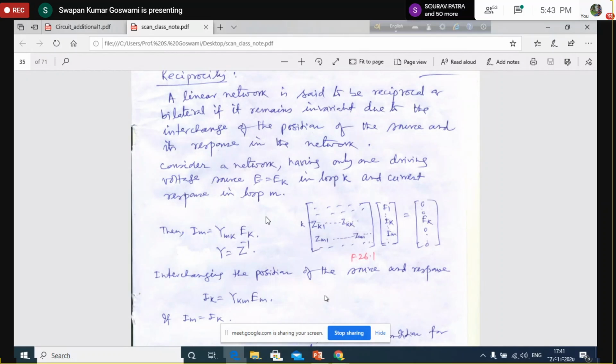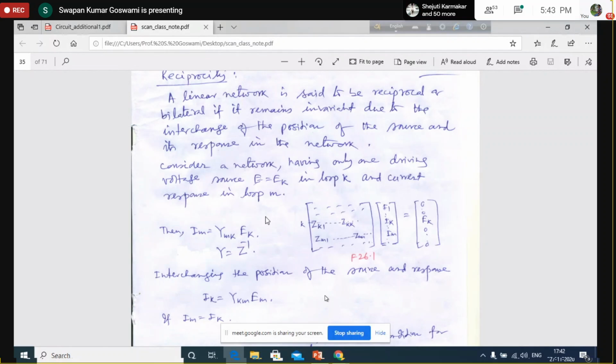We have taken a simple network, and let us assume that we want to see the property of the impedance matrix. The reciprocity theorem, which I already discussed, says that in a linear reciprocal network the source and response may be interchanged, and their values will not change.